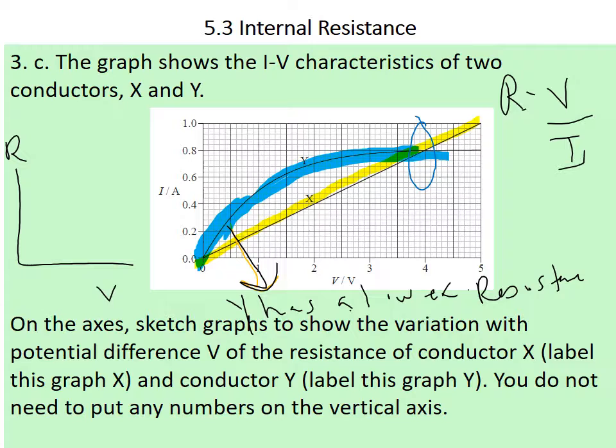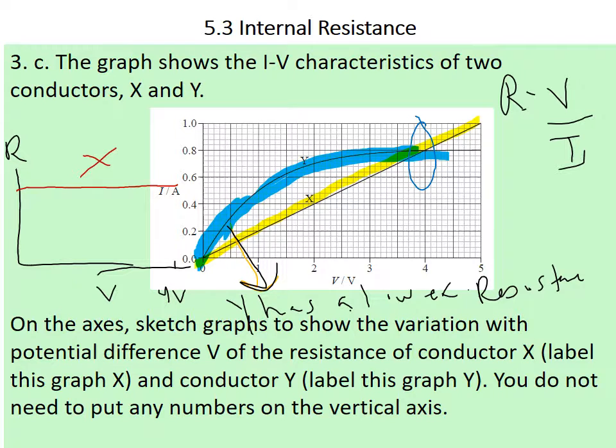So for the X graph, this is what I would say. X is constant, and it must have a higher resistance than Y for most of the voltage. So up to 4 volts, graph X is like this. And then up here would be 4 volts.